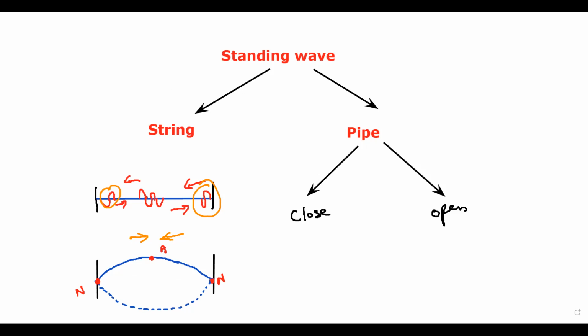This is when it is vibrating in one loop, but it is not necessary that it vibrates that way. It can vibrate in different loops. For example, if a string or a wire is attached between the two ends and we disturb it, it might produce two loops, or it might produce three loops.